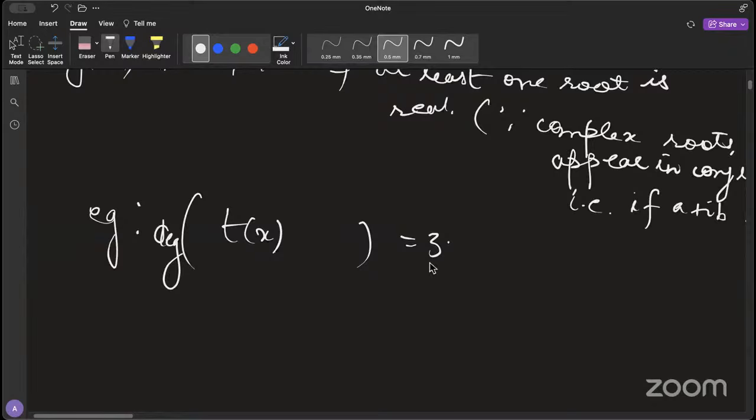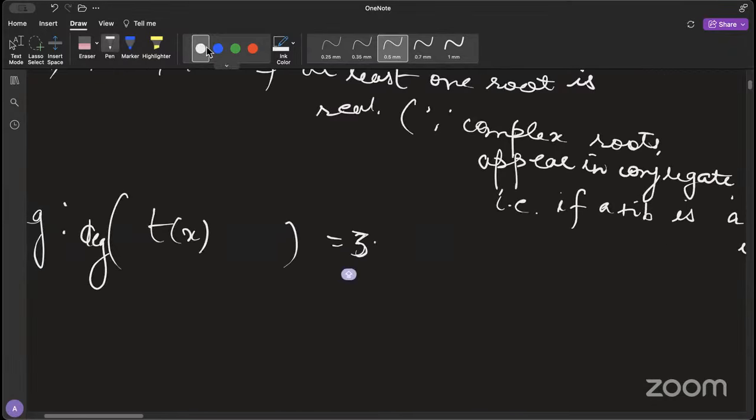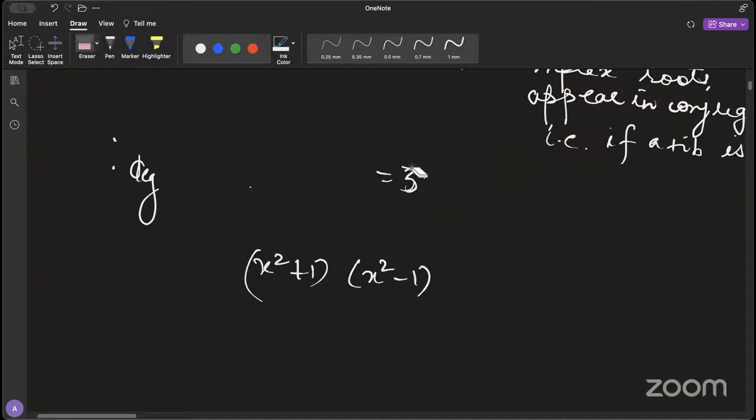That means if the degree is 3 and all the roots are complex numbers, is it a possibility that you have a polynomial and all of its roots are not real? Like this one, x square plus 1 and x square minus 1. Let's take this polynomial.